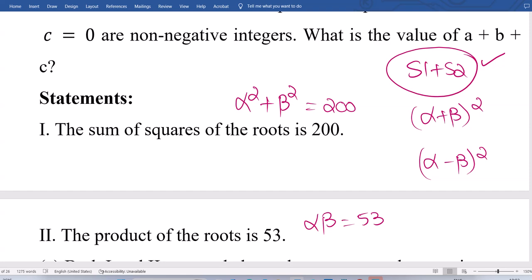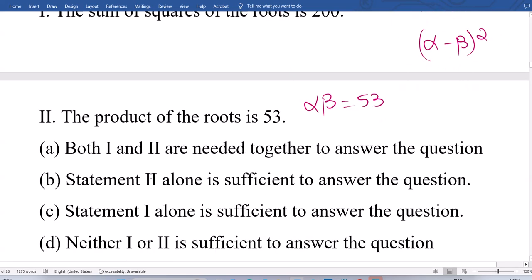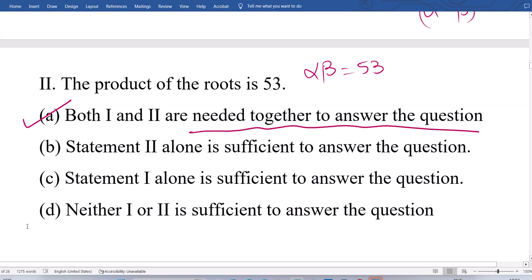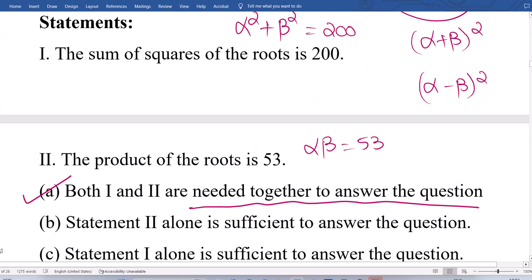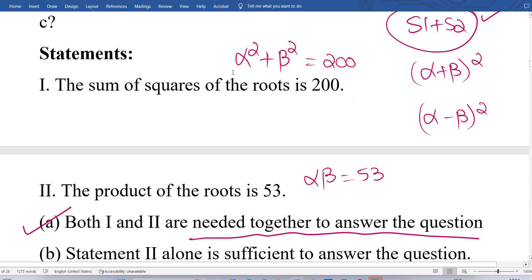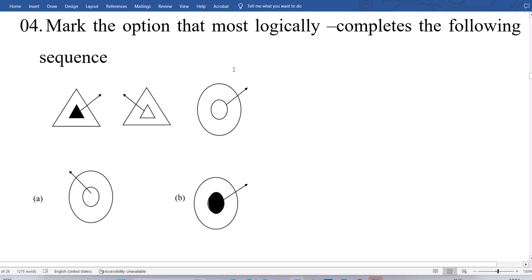So both statements are needed together to answer the question; alone it is not possible. Calculating the exact answer is a waste of time because they're not asking for the A value, B value, or A plus B plus C. To find that, what data is required? Understand the question: in data sufficiency, what data is sufficient or required to answer the question? As simple as that.